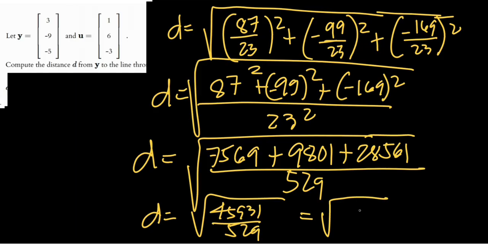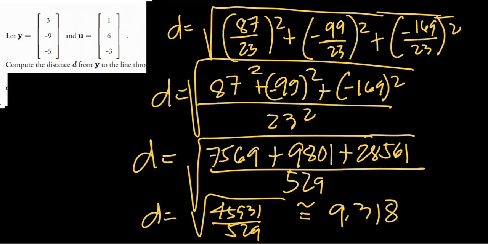It does not divide evenly. Okay, you get the square root of that. If you divide that, it will be 86 plus. So you get the square root of that one, and that would be the distance, 9.318.